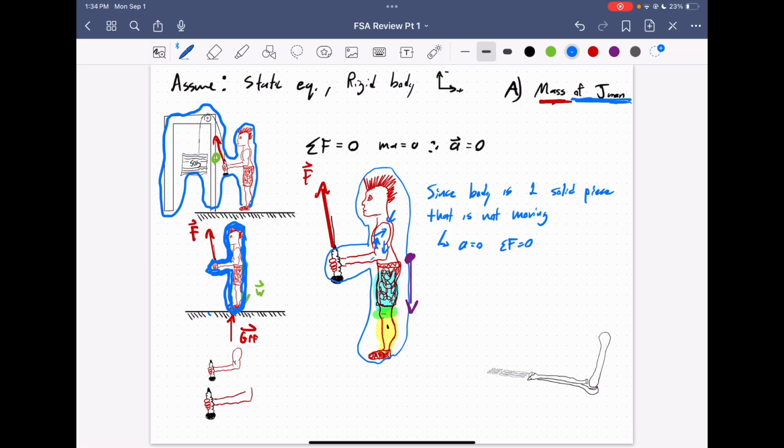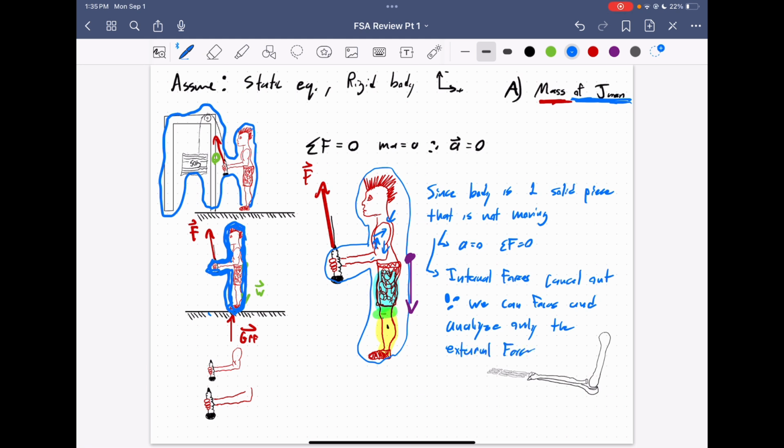So since the body's one solid piece that is not moving, we know that the internal forces cancel out. Therefore, we can focus and analyze only the external forces.